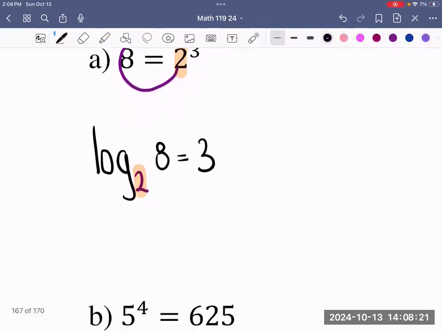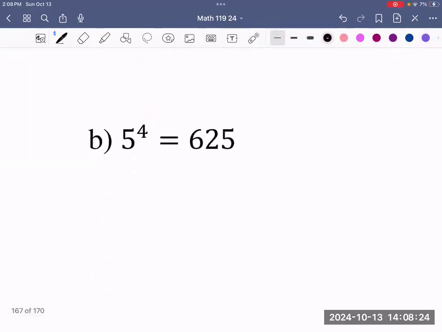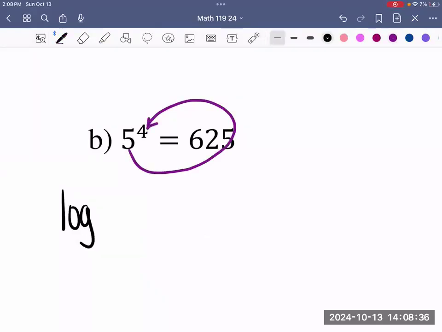Let's have you try it again here. First thing to write is log. Then if you like the swoop method, we start on 5, come up and around, and land on 4. So we have log base 5 of 625 is equal to 4.